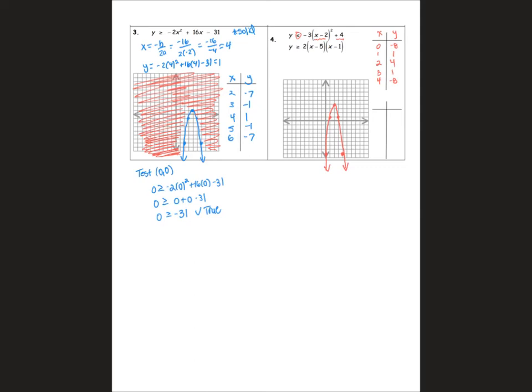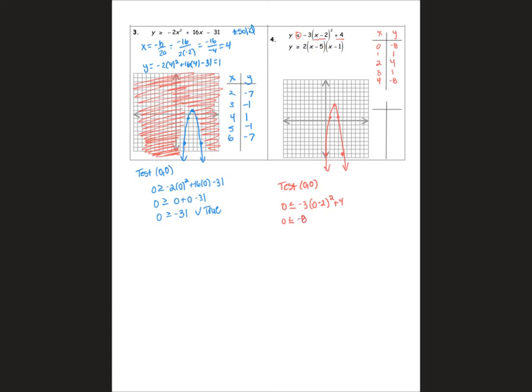Test a point. Maybe I test 0, 0 again. All right, so let's plug 0 in for x and 0 in for y into that first inequality. 0 is less than or equal to negative 3 times 0 minus 2 squared plus 4. So we got 0 is less than or equal to negative 2 squared is 4 times negative 3 is negative 12 plus 4 is negative 8.